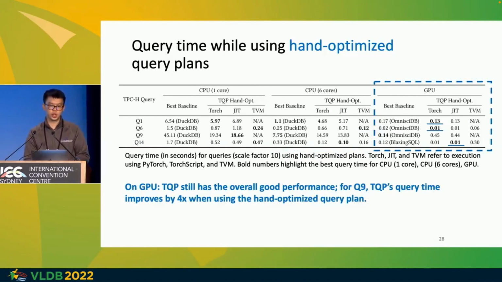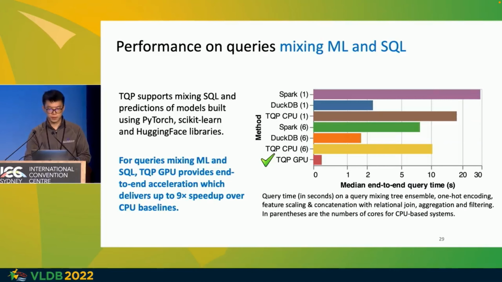On GPU, TQP still has the overall good performance. For Q9, TQP's query time improves by 4x while using the hand-optimized plans. For the interest of time, I'll skip the details of this experiment, but the takeaway is TQP can accelerate queries mixing machine learning and relational operators end-to-end using a unified runtime.